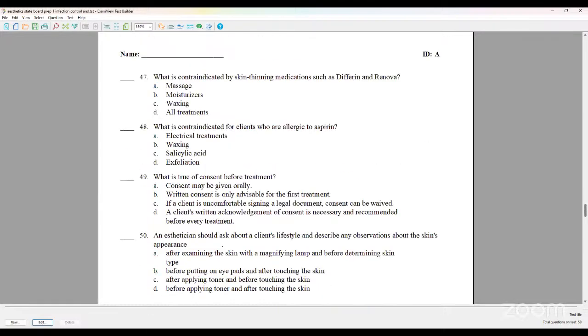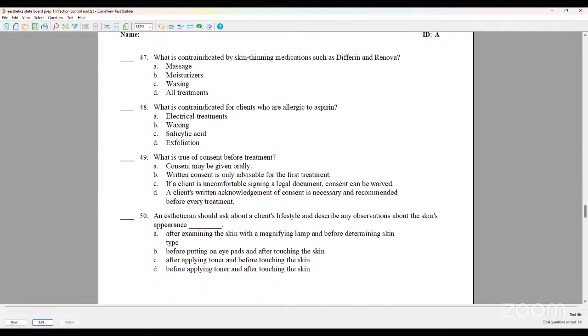We're just going to keep it moving. Okay, 47. And we're going to close this out, but you guys are doing good. You can jump in if you want to. 47. What is contraindicated by skin thinning medications such as Differin and Renova? Contraindications really make us side eye the services.